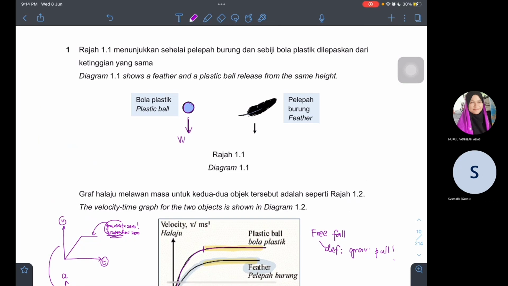So we call the object will fall due to the weight lah, ataupun due to gravitational pull. Same goes for the feather. Feather ni pun dia akan fall due to the weight. Tapi nampak macam feather ni weightless, tapi dia still ada weight. Kalau letak dalam on the weighing balance, kita still nampak value.